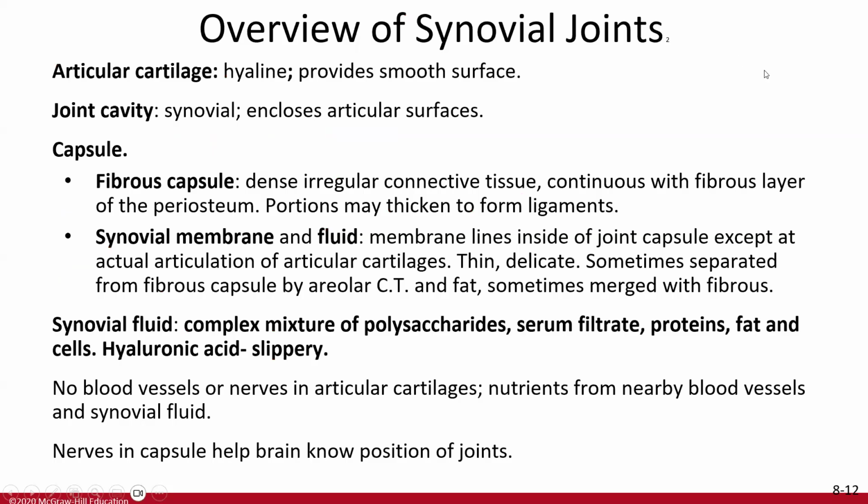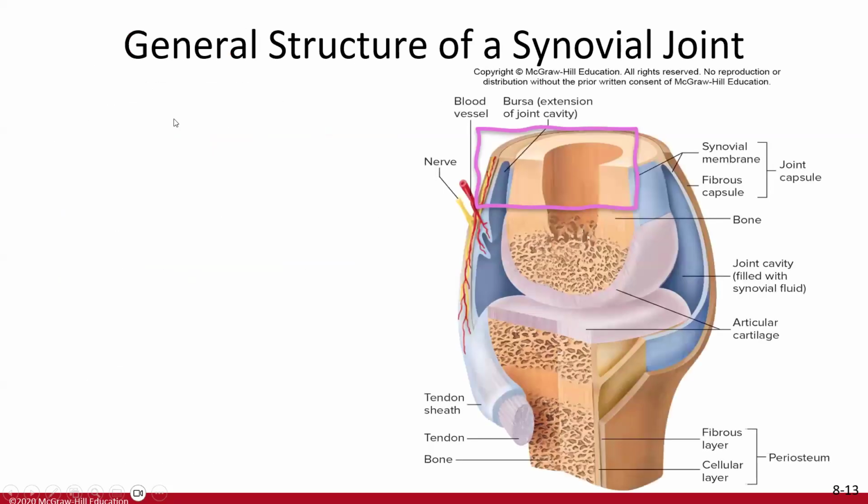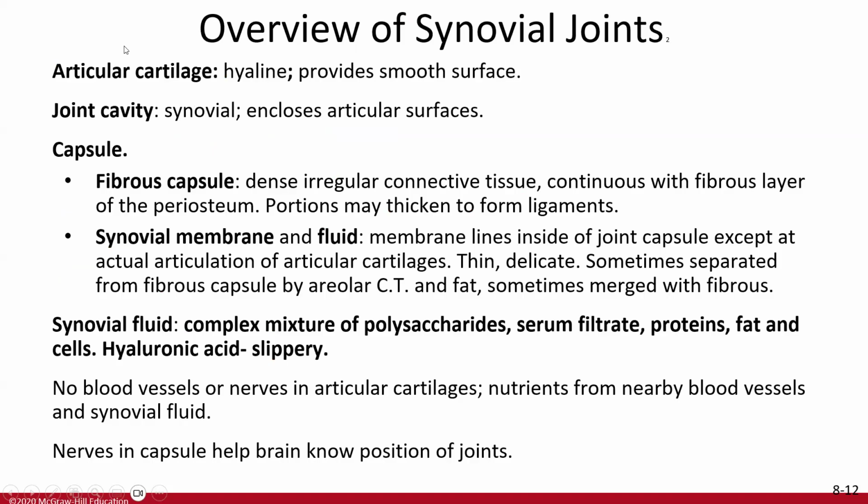So we're going to look at this two different ways. We have a whole bunch of words here that describe our synovial joint, and then we'll look at the image itself and we'll talk through some of these same pieces. So just like any long bone or any joint, we're going to have articular cartilage at the ends of our bone. Remember, those are the epiphyses, and so that's hyaline cartilage.